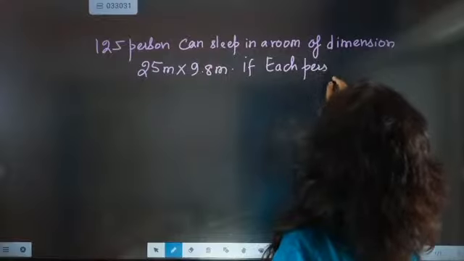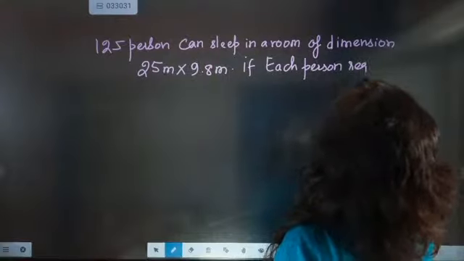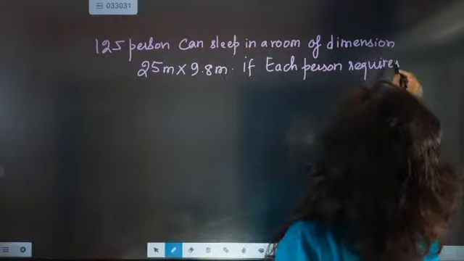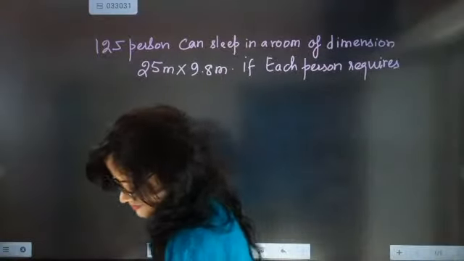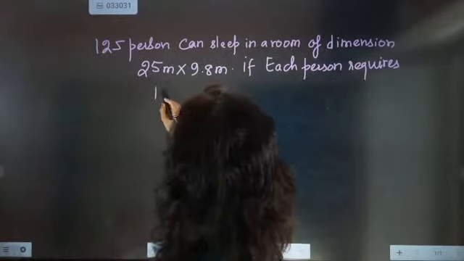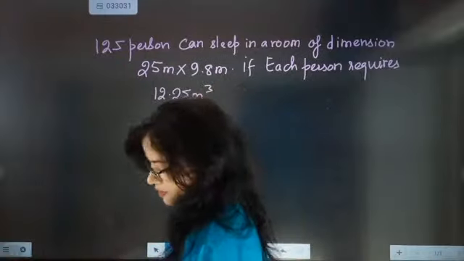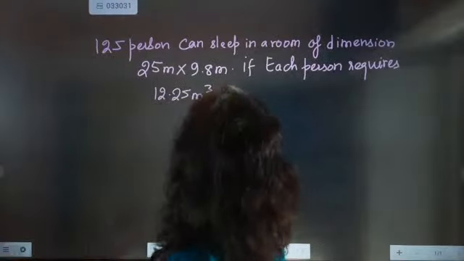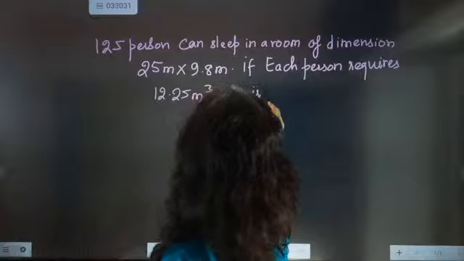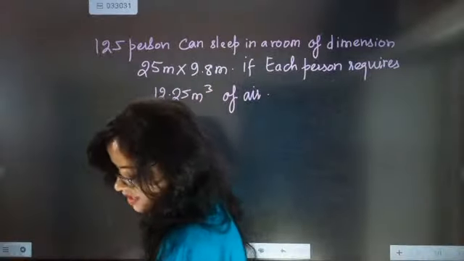If each person requires 12.25 cubic meter of air, find the height of the room.